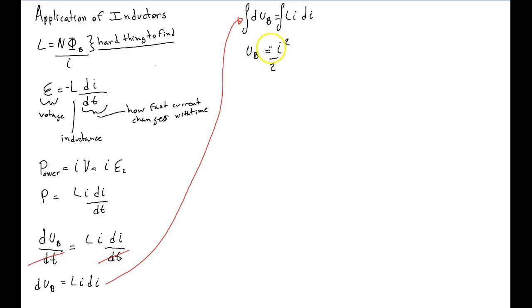And remember, we did a similar thing when we figured out the energy stored in the capacitor, right? And then I mentioned that it was important not to just think in terms of the energy stored, but also the energy density, energy per unit volume. So we're going to do the same thing here. Remember, we use big U to represent potential energy stored in the field, little u to represent the energy stored per unit volume.